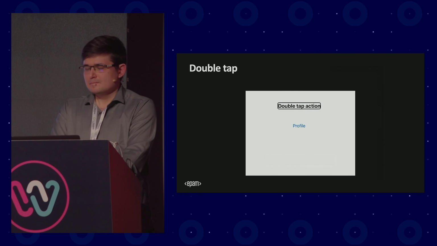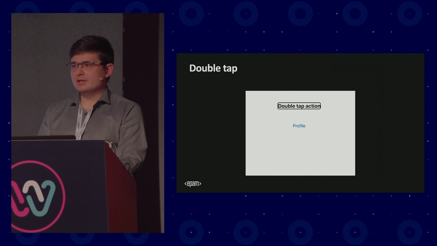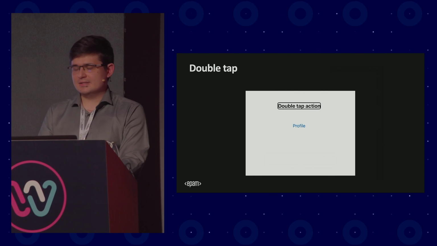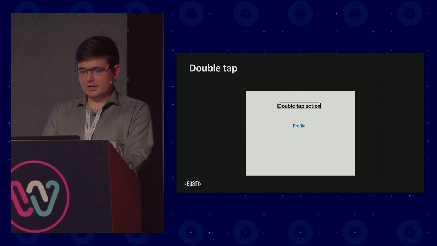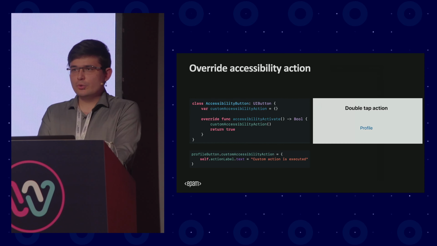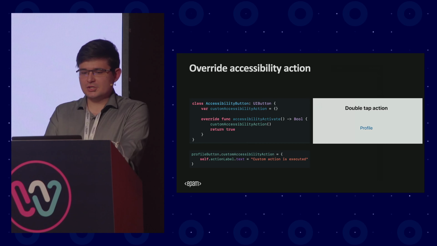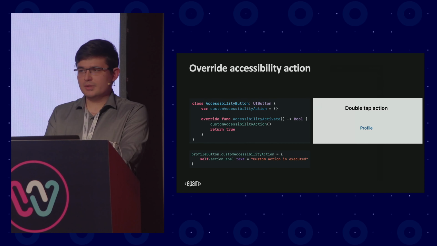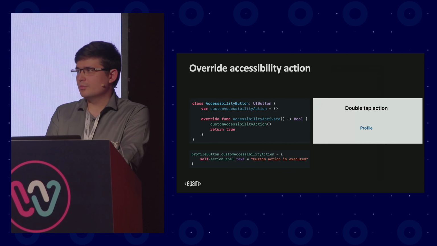Double tap action. In most cases, it successfully handles the default action you have written for your control, but if you want to add some customization, you can always override the accessibility action. So every UIKit class has a function called accessibility activate, so you can override it, play some action, and this action will be executed only by double tapping in VoiceOver mode.